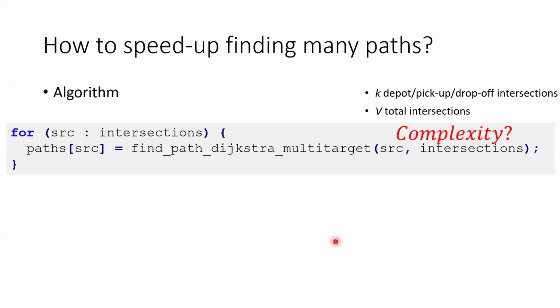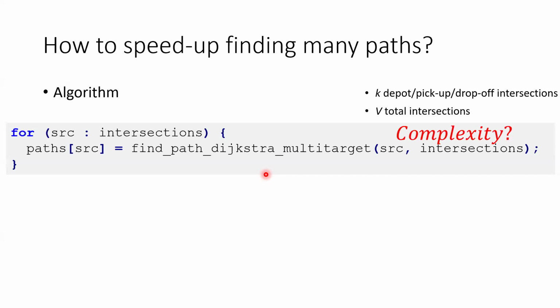How do we speed up then? We know that Dijkstra can do multi-target pathfinding, right? From one single source, you run Dijkstra and you will get the path for all of the targets that you have.